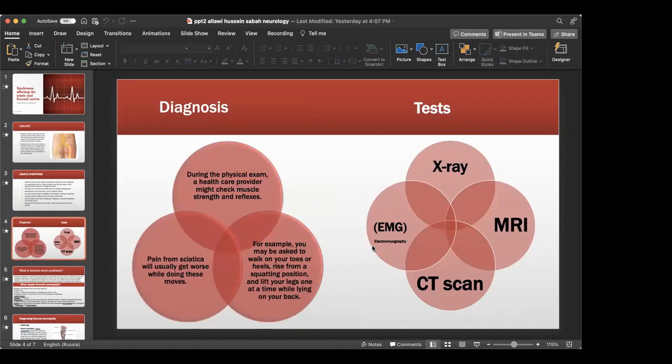So about the diagnosis and tests. During the physical examination, a healthcare provider might check muscle strength and reflexes. Pain from sciatica will usually get worse while doing these movements.